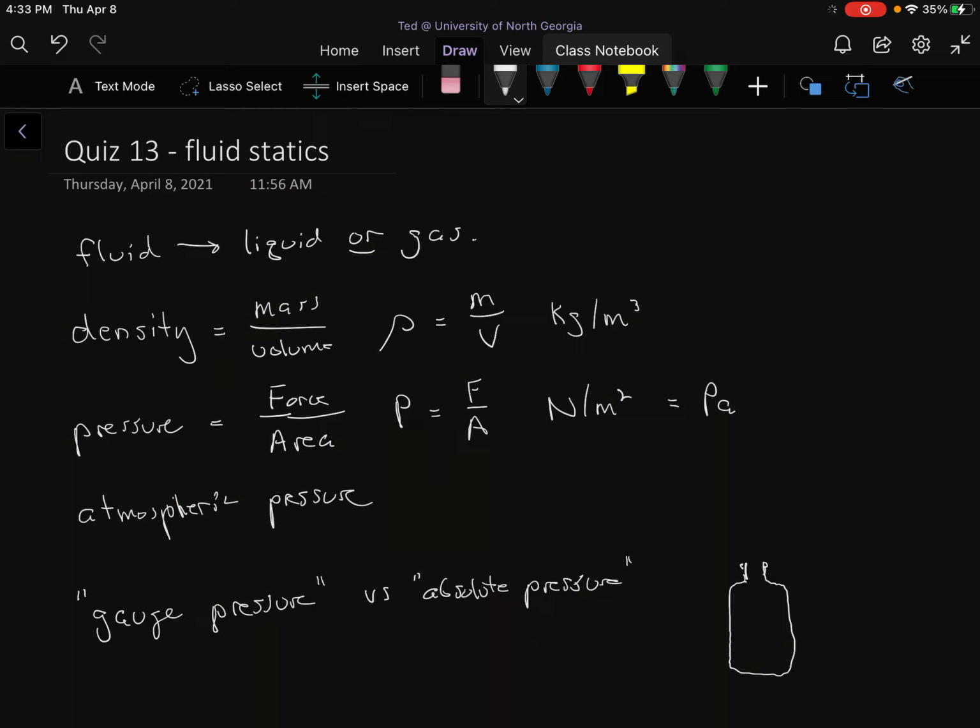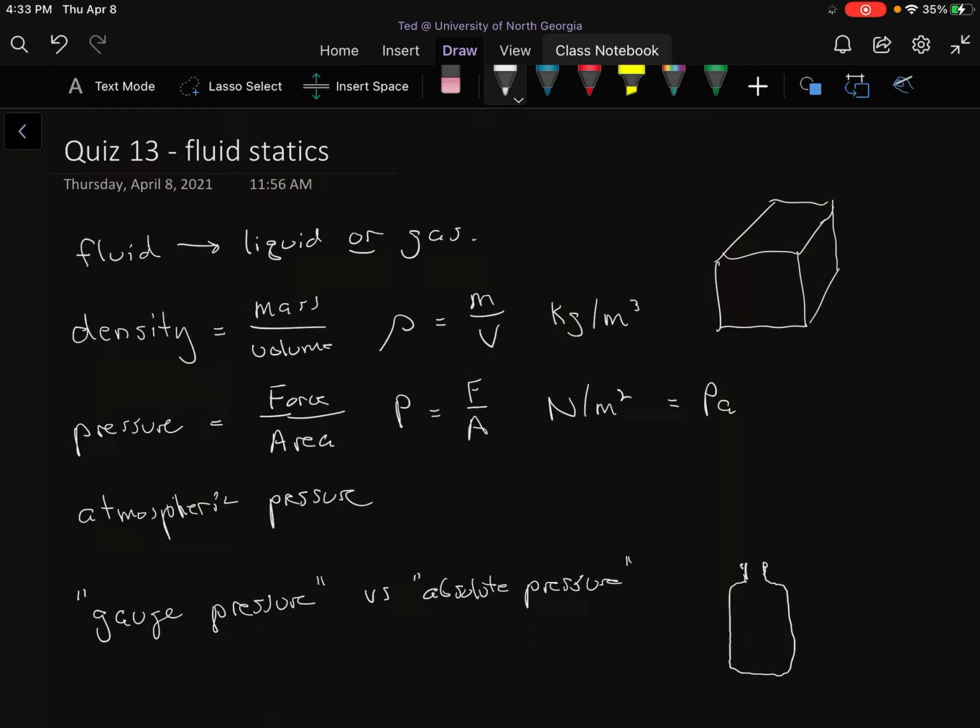Now, kilograms per meter cubed is a somewhat unfortunate unit because a meter cubed is a huge volume. It's 1,000 liters and 1,000,000 centimeters cubed.